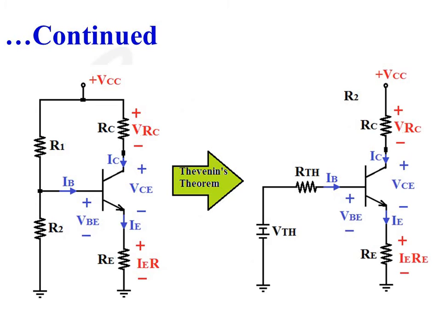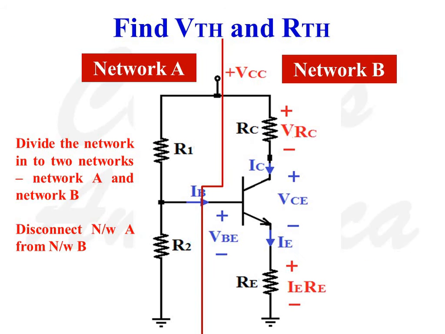Now, to do the DC analysis, we have to apply Thevenin's theorem. After application of Thevenin's theorem, the circuit shown on the left-hand side becomes as shown on the right-hand side of the screen. According to Thevenin's theorem, any linear network can be represented as a combination of a voltage source VTH in series with a resistance RTH.